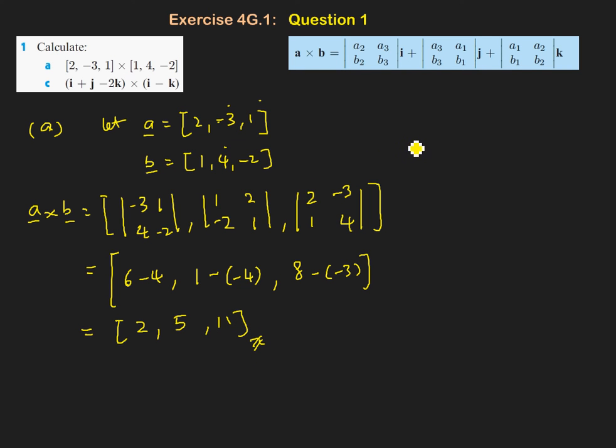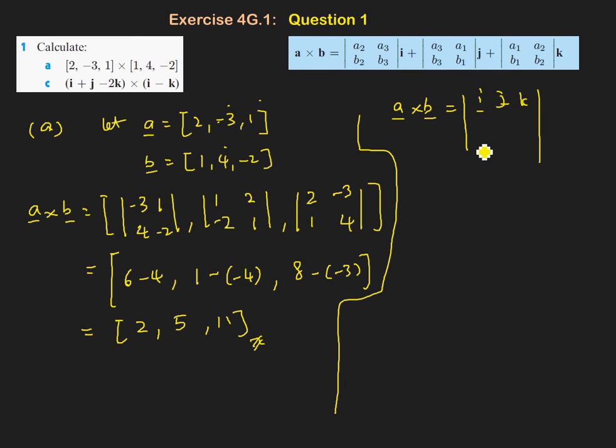Now how about the other way that I just mentioned. What you're going to do is arrange it. I need to be careful, and I'll do my best to explain it as clearly as possible. I'm going to copy in the second row the components of A, and then 1, 4, -2.